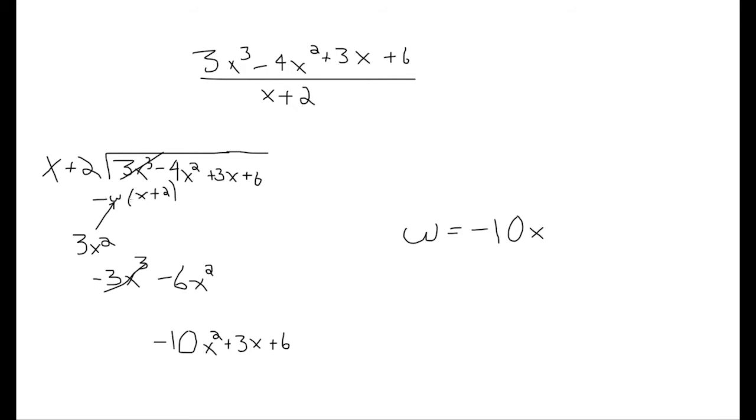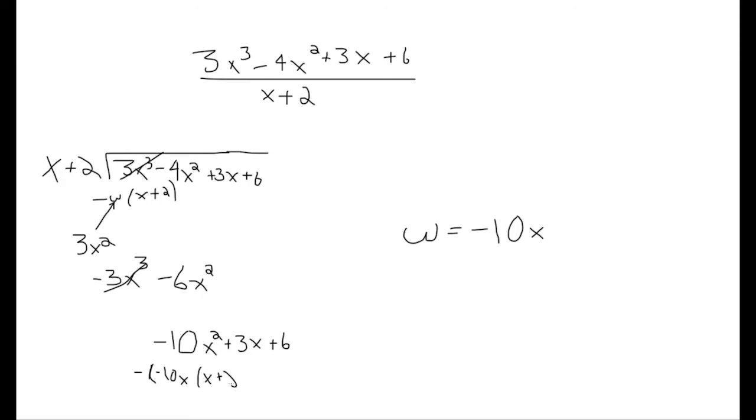And the reason I'm going through all this with explaining how the w is related to the term it's getting rid of, well, you'll see why I'm doing that in a second, or later. So that means that we're going to subtract w times x plus 2, right?